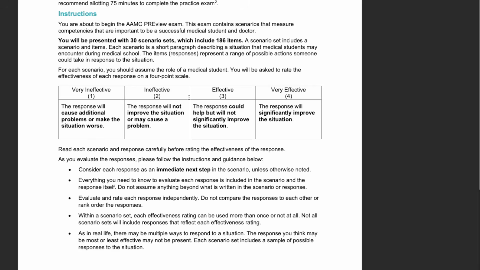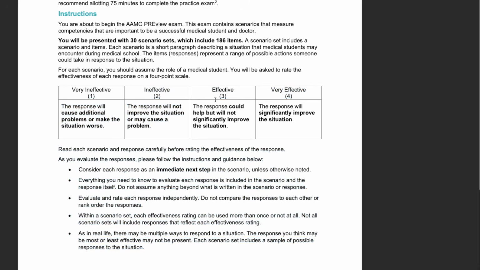Because this is the only concrete evidence we've been given by the AAMC as to what constitutes each level on this 4-point scale. And an ineffective response will not improve the situation or make it worse.